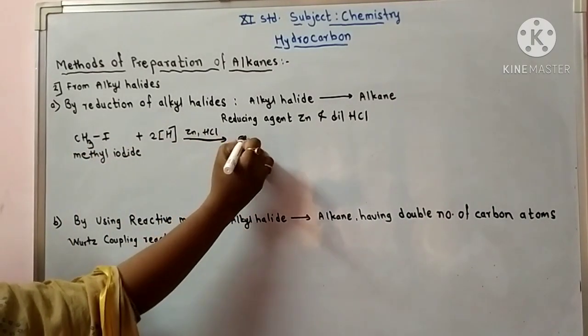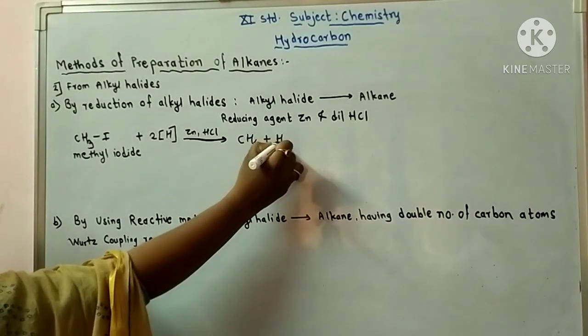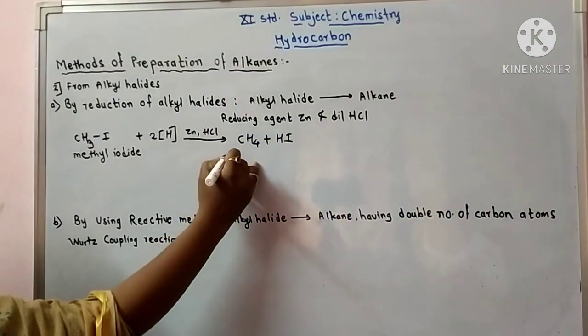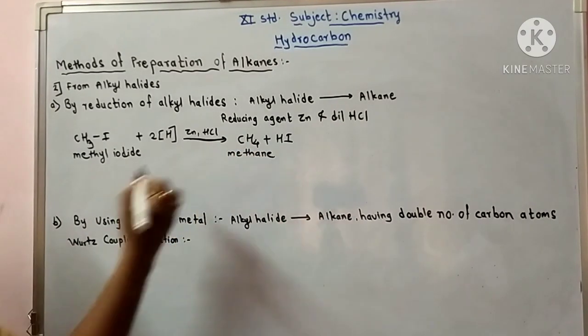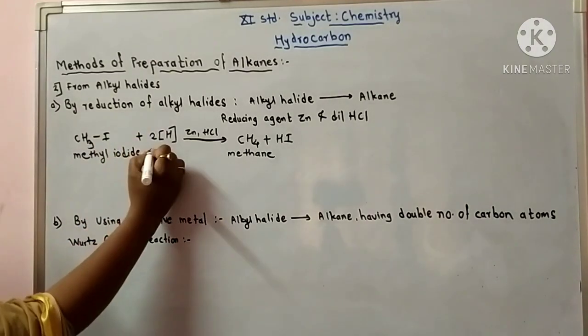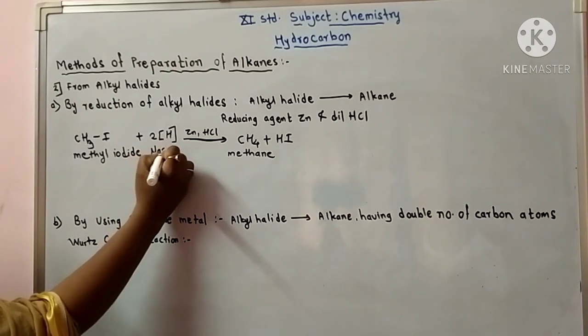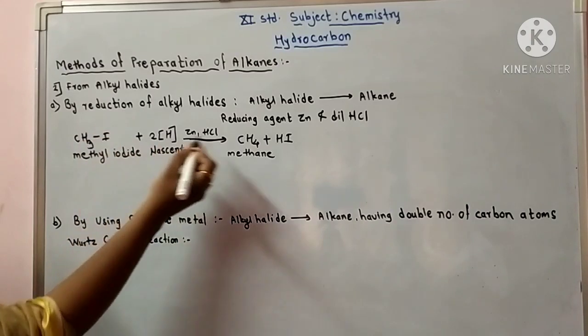So methane is obtained here, plus hydrogen iodide as the byproduct. Methyl iodide is converted to methane using zinc and dilute HCl. And this nascent hydrogen, which is written in the square bracket, is responsible for the reduction of alkyl halide.